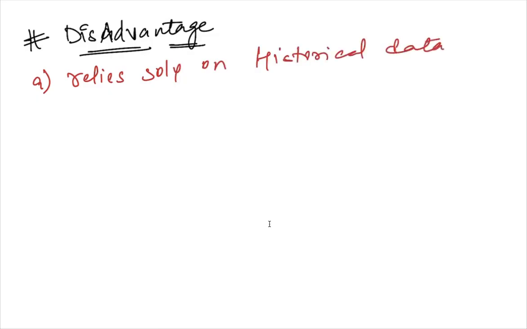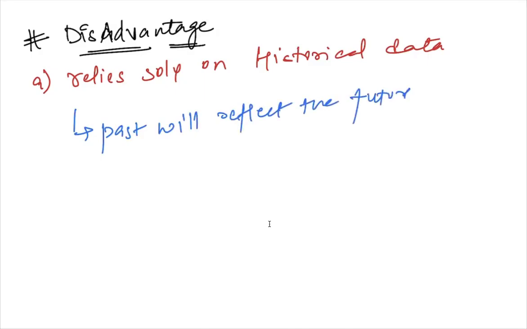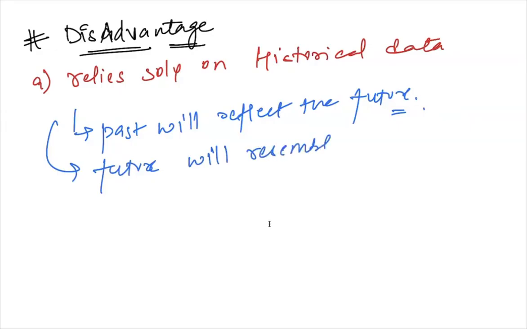Why is that the case? What we say is that the historical method assumes that the past will reflect the future. Or in other words, the future will resemble the past, right?